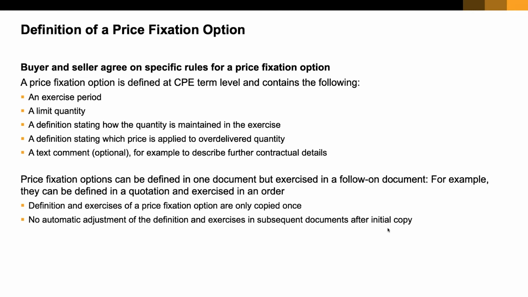There is a limit we can set, right? We can also set a limit on the quantity, how much quantity I can do the fixation for. Like if I have 10,000 bushels, I can limit that I cannot do fixation more than 50% of it, or more than 5,000 of it. Okay, I can do that as well.